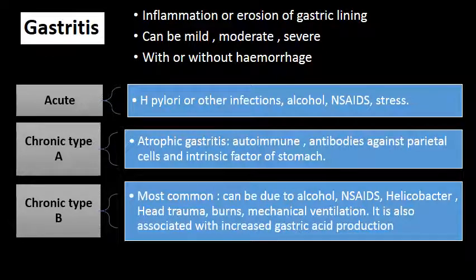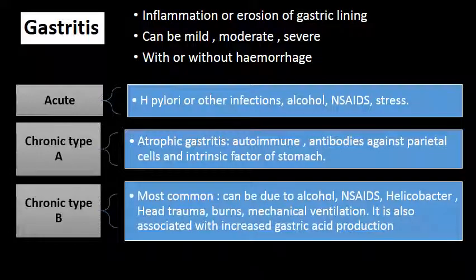Chronic type A gastritis is called atrophic gastritis, and it's an autoimmune condition, also known as pernicious anemia popularly. In this, there are antibodies against the parietal cells and intrinsic factor of the stomach. The parietal cells are responsible for acid secretion, so there's atrophy of these cells, and food is not digested properly.